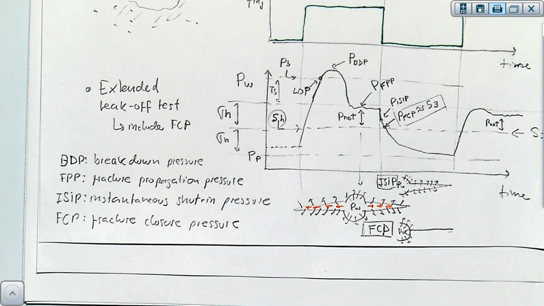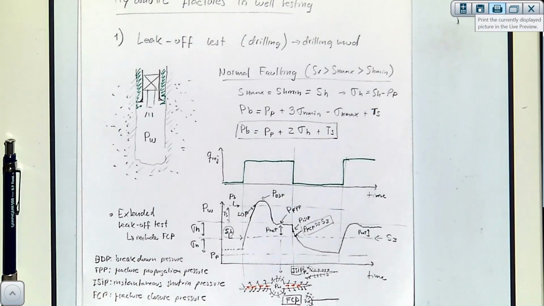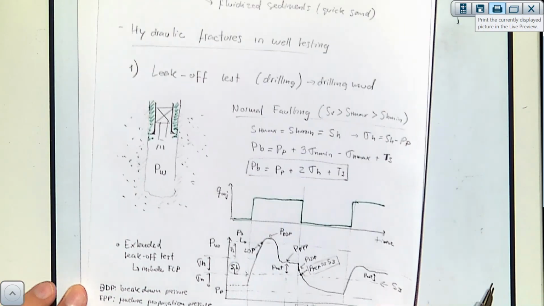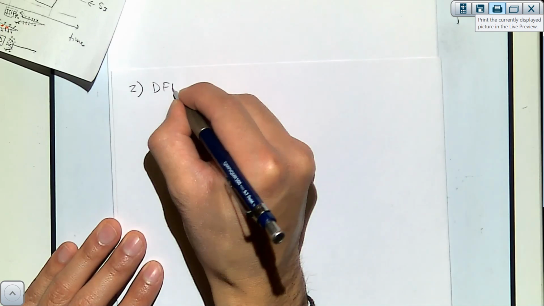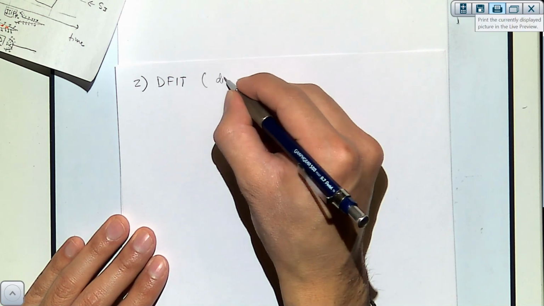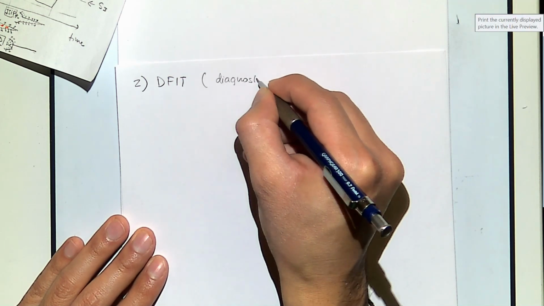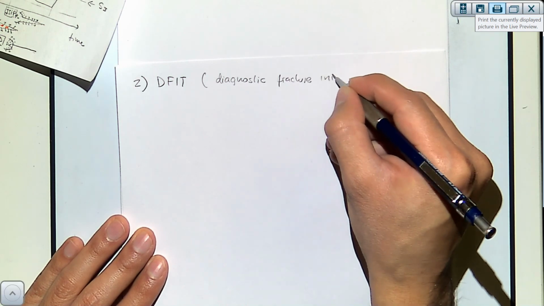All right, so we know what the leak-off test is. The leak-off test is done with drilling mud. As I was telling you a minute ago, there is a very similar test called the DFIT test, which stands for Diagnostic Fracture Initiation Test.